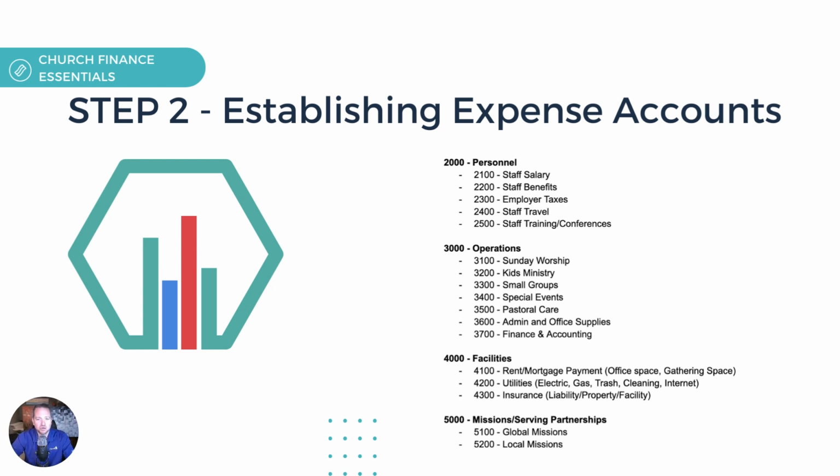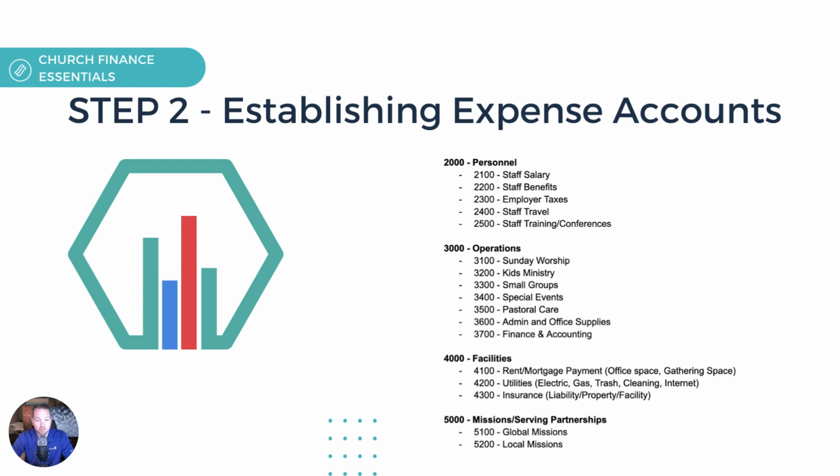And so you might start with just some major headers, 2,000 personnel, and then you can see here 2,100 staff salary, 2,200 staff benefits, 2,300 employer taxes, staff travel, staff training. I would say these first three, staff salary, benefits, and employer taxes, almost every church plant is going to need those line items. And then the ones below you can customize to what you need.